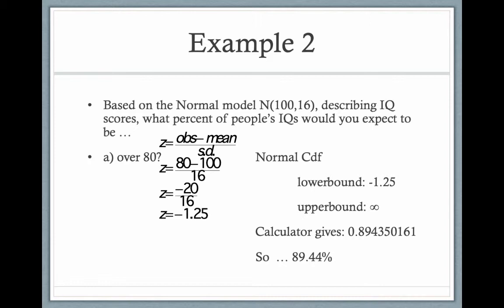You can get infinity on your calculator by pressing the pi key that's right above the comma key, and when the pi key comes up, infinity will be one of your choices, so pick that. Leave the mean 0, leave the standard deviation 1 because we're working with z-scores, and the calculator gives you 0.8943506161, so rounding to the nearest hundredth of a percent, it would be 89.44%.